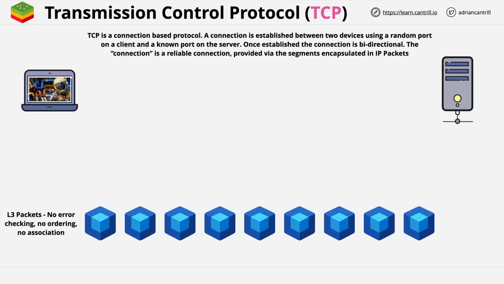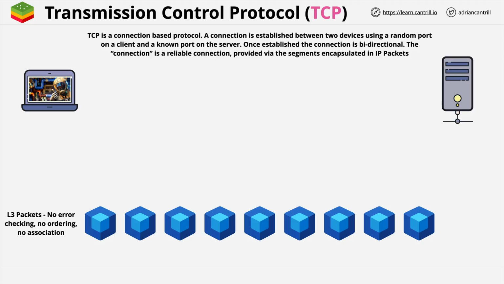There's no connection as such. Because they can be received out of order and because there are no ports, you can't use them in a situation where there will be multiple applications or multiple clients, because a server has no way of separating what relates to what. But now we have layer 4, so we can create segments.